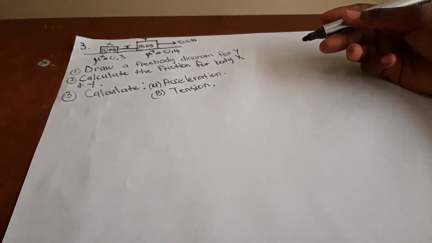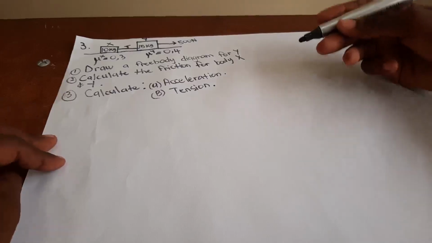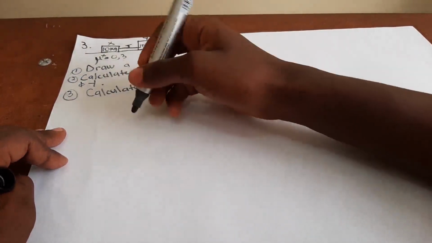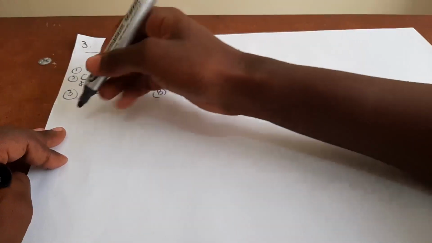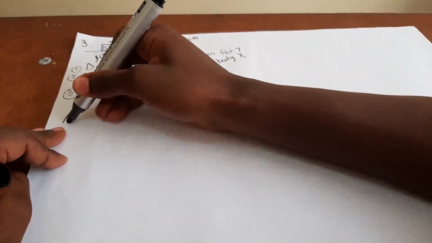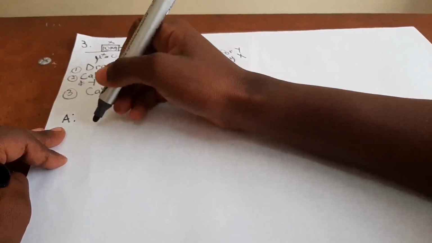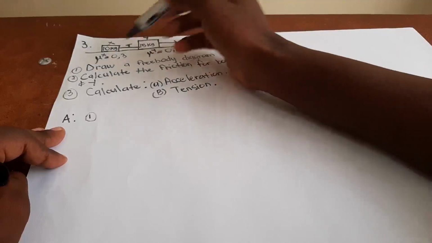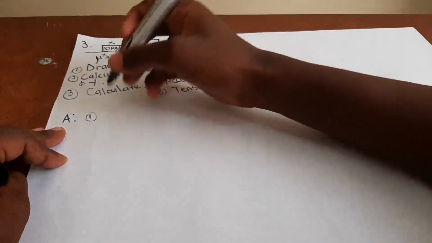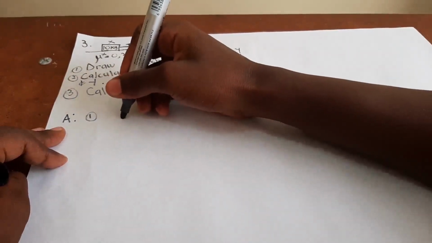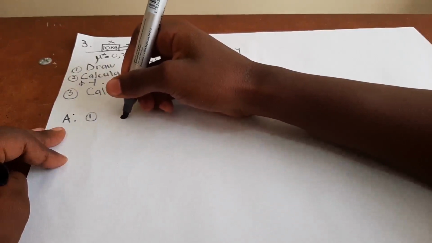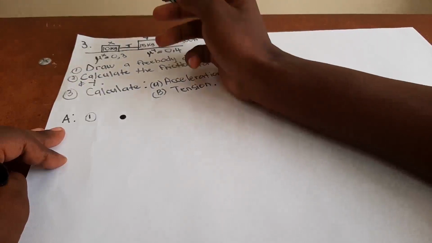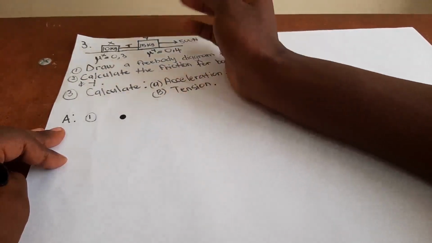So let's draw the free body diagram for Y. We're answering now, starting from number 1. This must be quite big, because there will be forces going in the same direction.